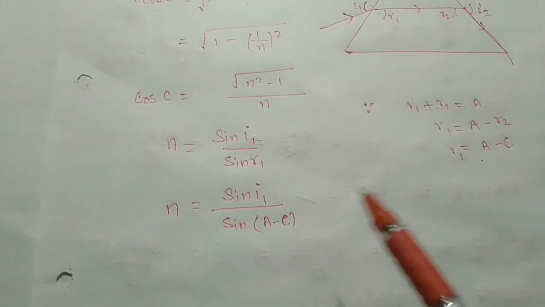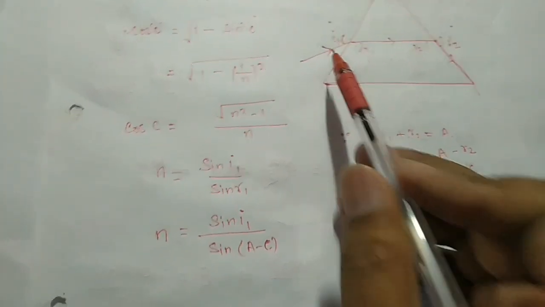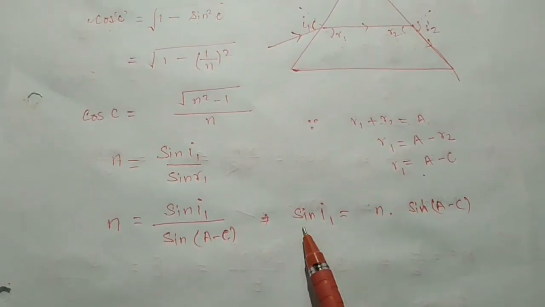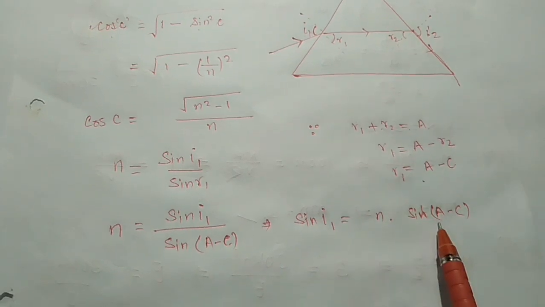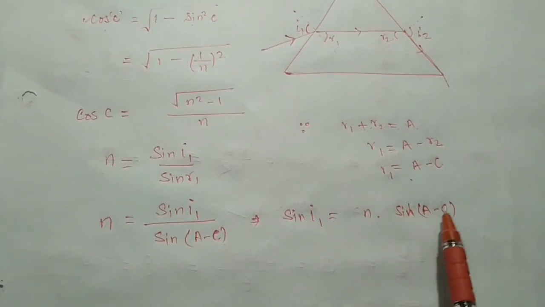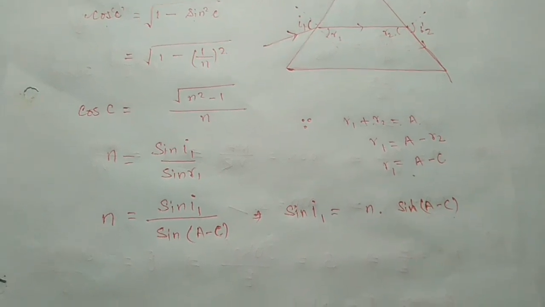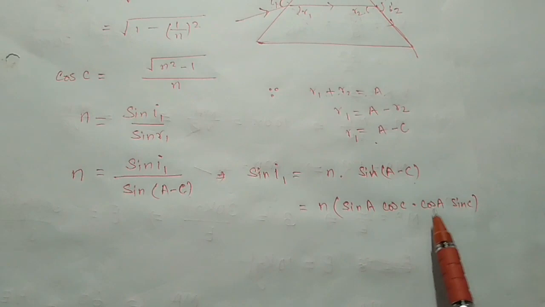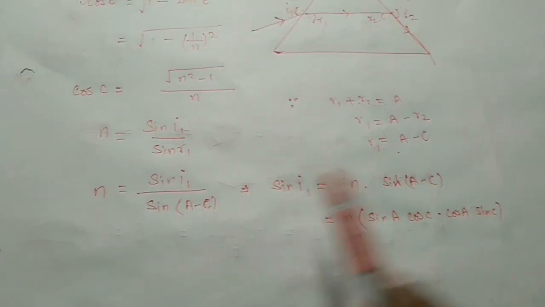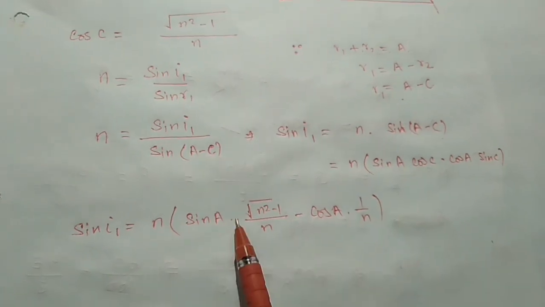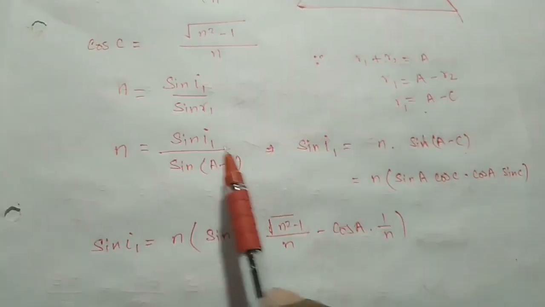So this is the equation. We have to calculate the minimum angle I1. So let's calculate sin I1. Sin I1 is equal to n times sin(A minus C). Sin(A minus C) we can split using the identity sin(A minus B) equals sin A cos B minus cos A sin B. So n times sin A is as it is, and cos C we have calculated already.